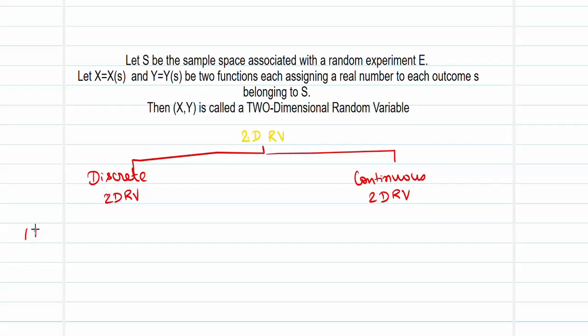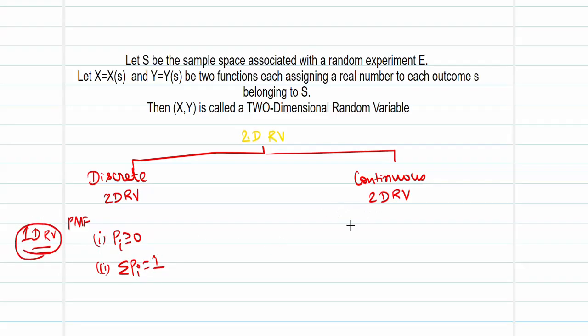When we had a one-dimensional random variable, we defined a probability mass function by the condition that the individual probability pi must be greater than or equal to 0, and the second condition is that when we add all the pi, the total sum must be equal to 1. This is for a one-dimensional random variable.